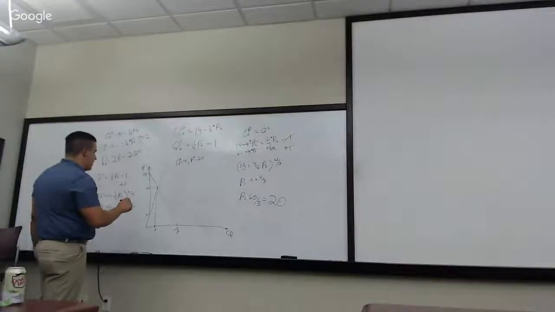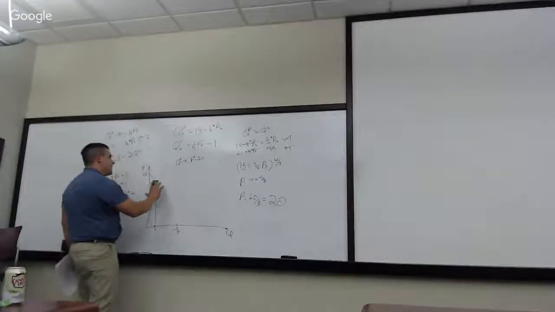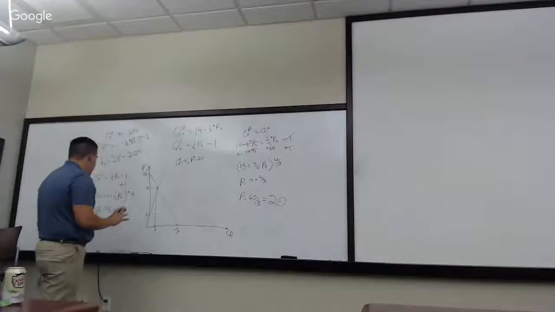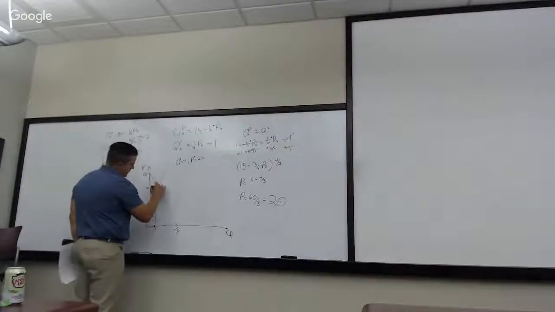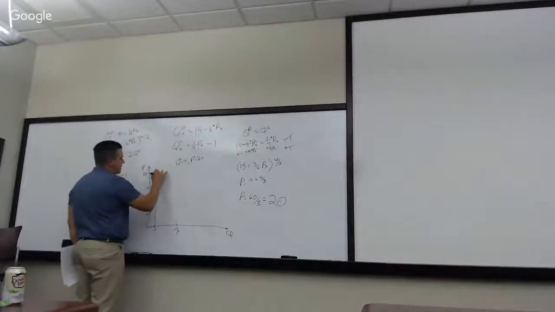We're going to be shifting up and back our supply curve. So for each unit, for 4 units, instead of selling at a price of 20, we'd be selling at a price of 32.